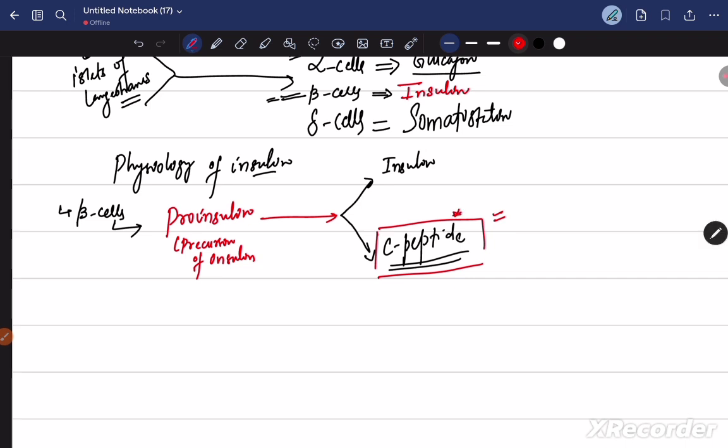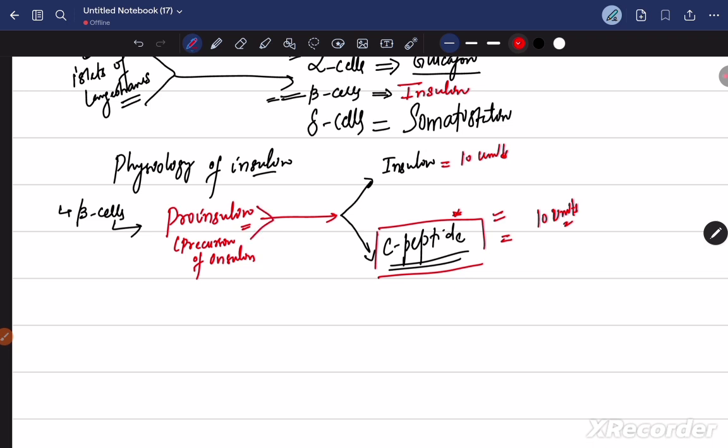If the C peptide is, for example, 10 units in the circulation of canines and felines, then the insulin concentration shall be 10 units also, because their precursor is the same.